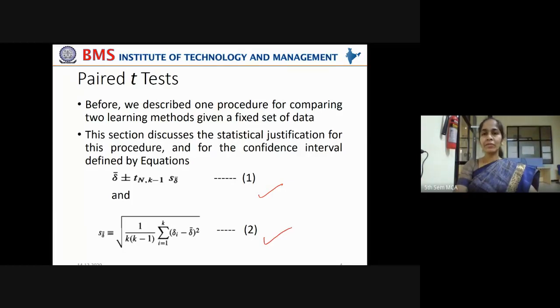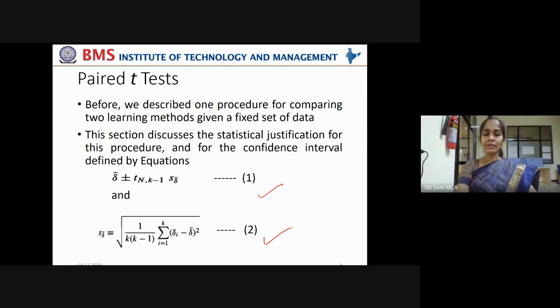See, you're given a data set, you divide it into k folds or k partitions and start iterating over those k partitions, each time taking one test set and the remaining as training sets. You do it repeatedly, but is there any support for the method you have approached? Is there any statistical justification that your approach is a good estimator of the performance of the learning algorithms? In order to obtain that statistical justification, let us proceed now.